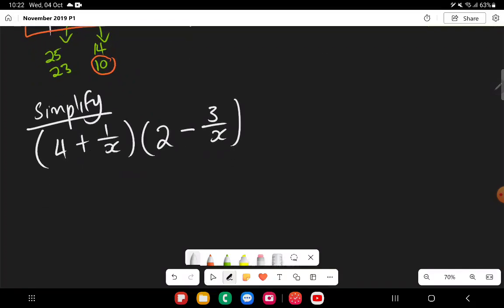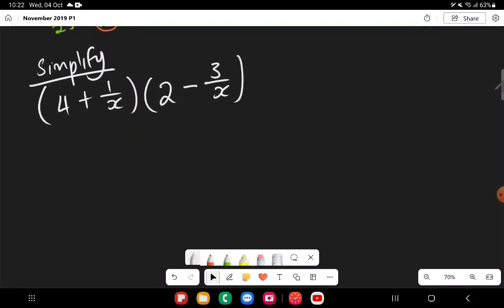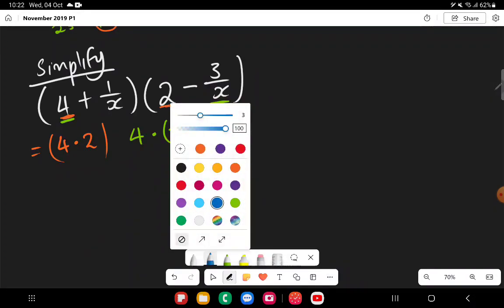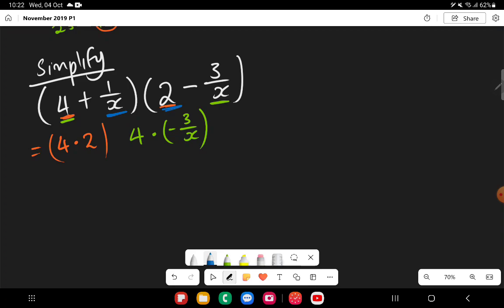And what are we going to do? You are simply going to do FOIL, right? So if I do first with first, I'm going to say this multiplied by that. 4 times 2. Then I'm going to do outer with outer. 4 multiplied by negative 3 over x. Then I want inner. This times this.